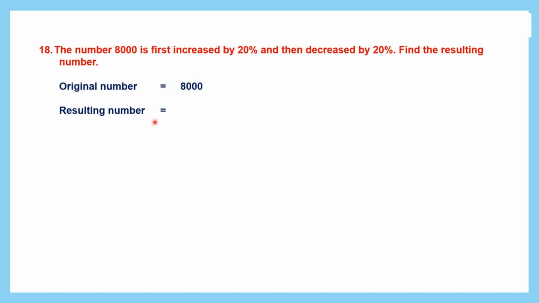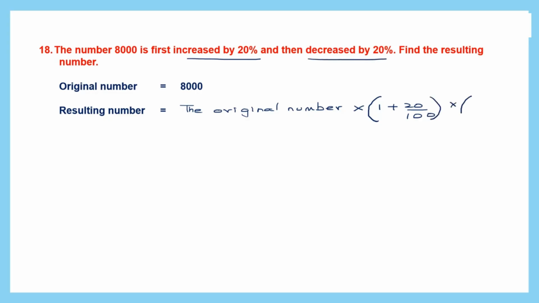We can find it by writing the original number multiplied by, since it is increased by 20%, in brackets 1 plus 20 by 100, into, then decreased by 20%, so 1 minus 20 by 100.